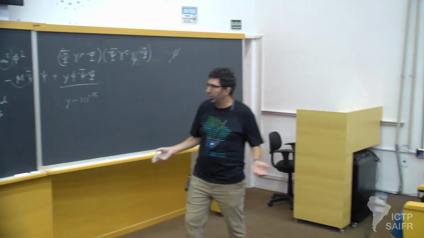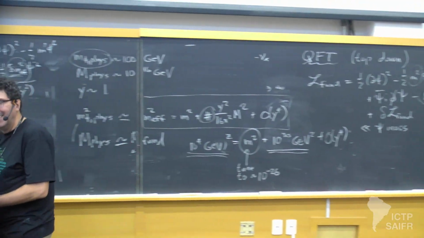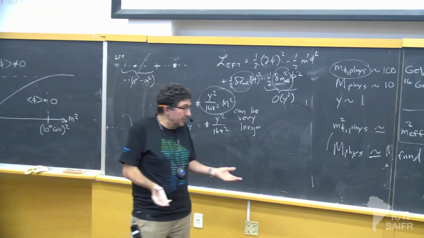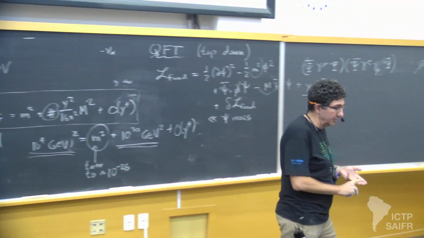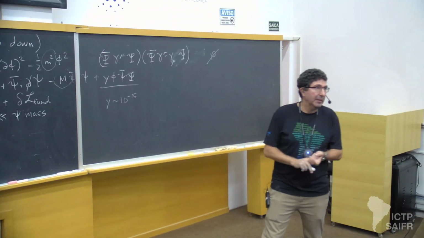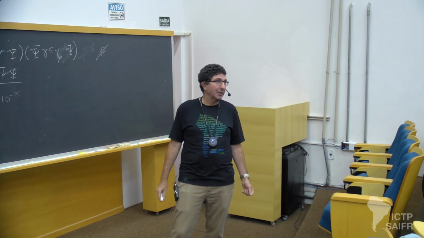It's not very predictive, and I don't believe it's true, okay? And also, eventually we have to understand dark matter, we have to understand neutrino masses, we have to understand inflation, we have to understand baryogenesis. I don't see how the standard model can be the end of the story.